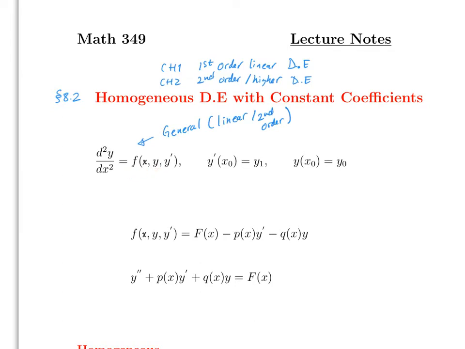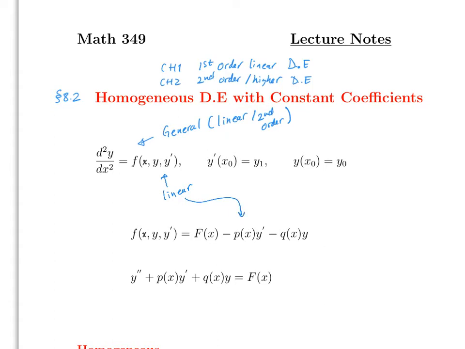By the way, the independent variable could be x or could be t. Most of the time we will use x, but if you replace this by t, it doesn't matter. Now we're gonna make a big assumption here, and the assumption is going to be that this function f is gonna be linear. But remember what it means to be linear for differential equations.